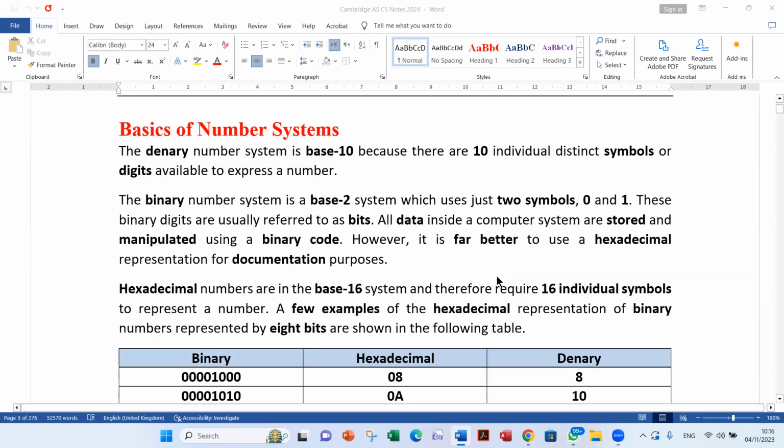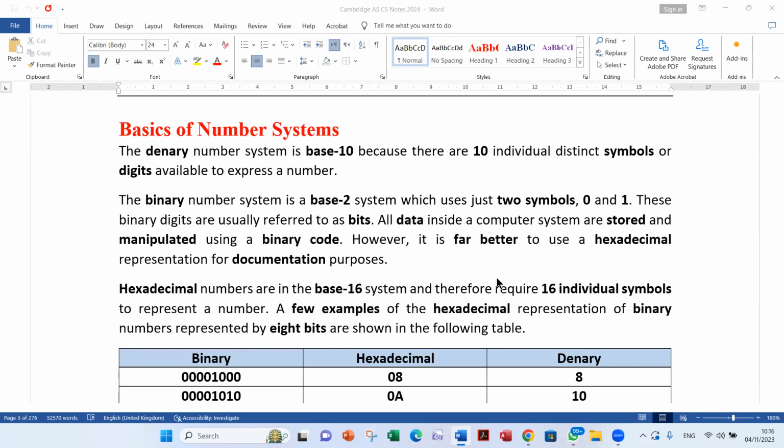Okay, so let us start from the very beginning. Basics of number systems. The point is, AS is explaining the same topics, but a little bit faster than in the O level. You should have learned in the O level that we have a denary number system, which is base 10.